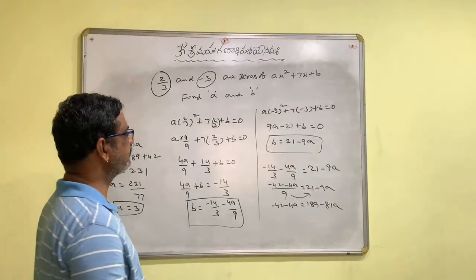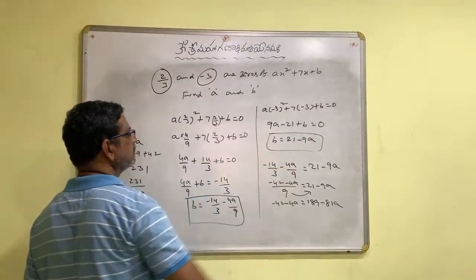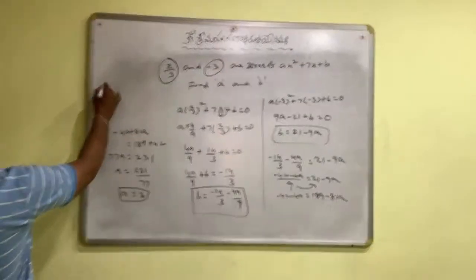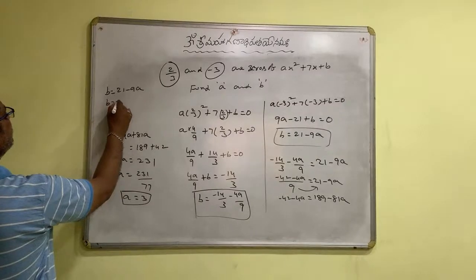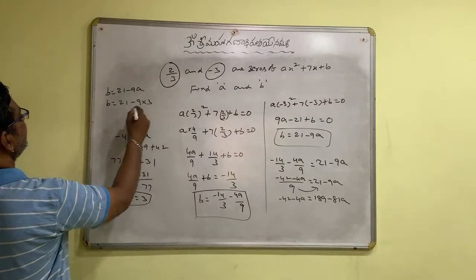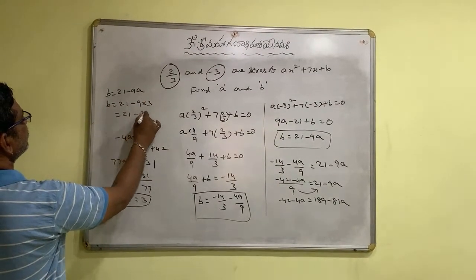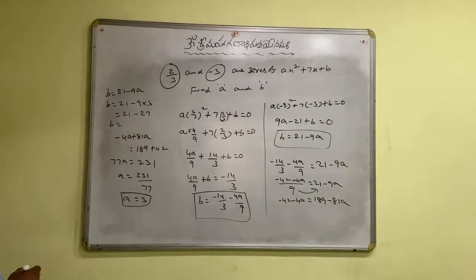Now find b from this. b is equal to 21 minus 9a. 21 minus 9 into 3. b value how much?